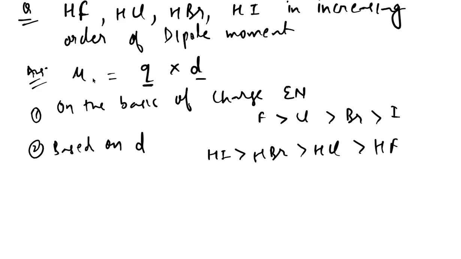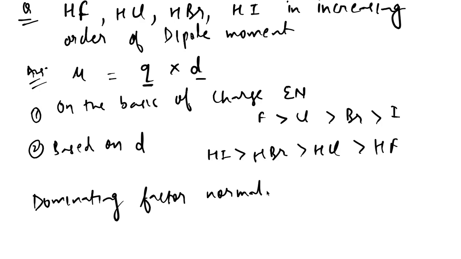Now in this particular case and in most cases, when we have an entirely opposite trend for both the factors on which dipole moment is based, normally we have a dominating factor. Okay, so in this case the dominating factor is normally the Q, the charge separation.